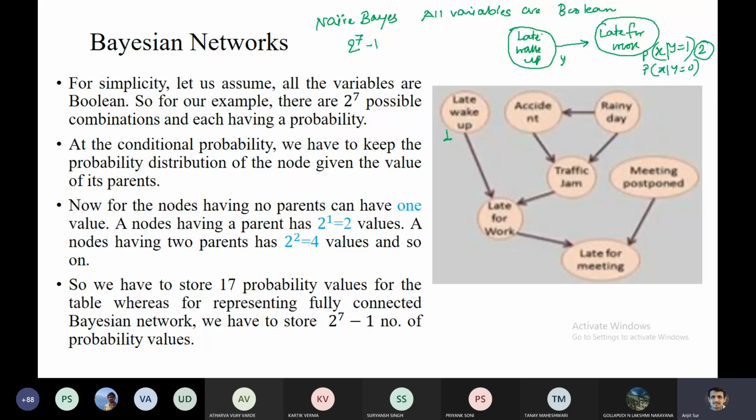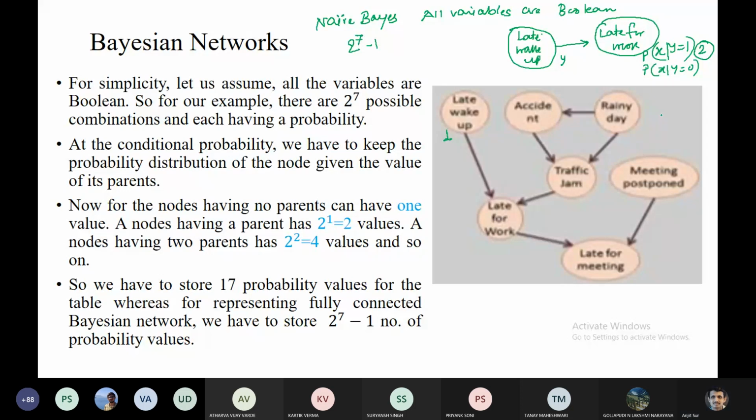But if a node has no parent, there is nothing associated, so late wake up takes one value. That's why a node having no parents can have only one value, and a node having one parent has two values.